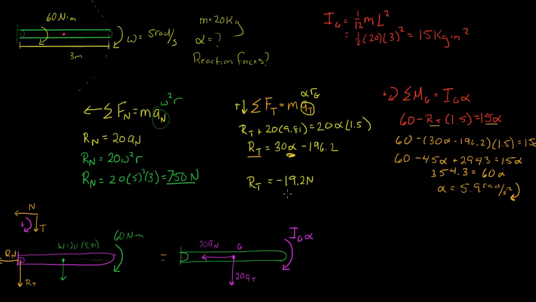So what's this telling me? This is telling me that this assumption that it's in the positive direction, going down, is wrong. My reaction force is actually 19.2 newtons going up. The negative sign just means it's going the other way.